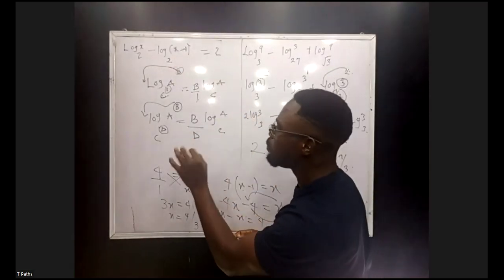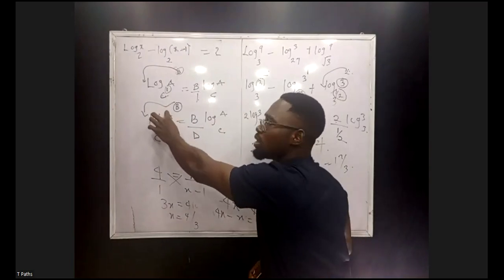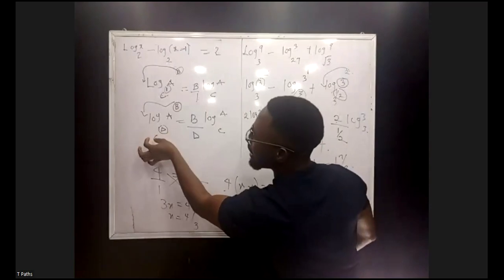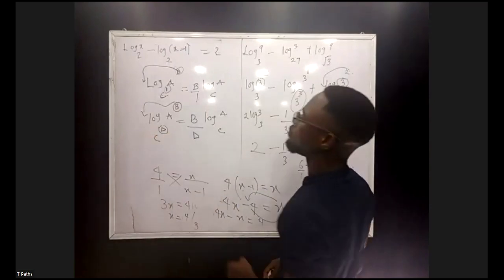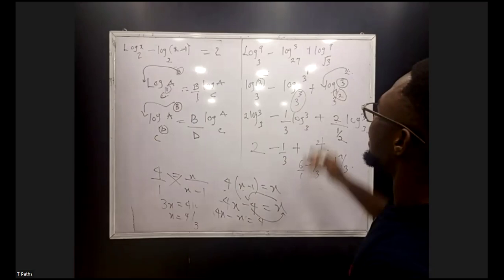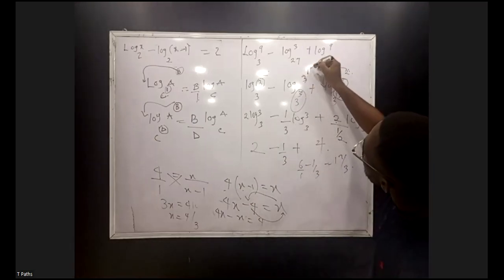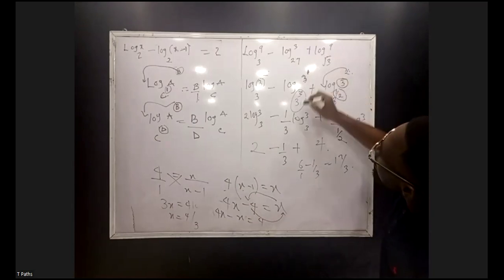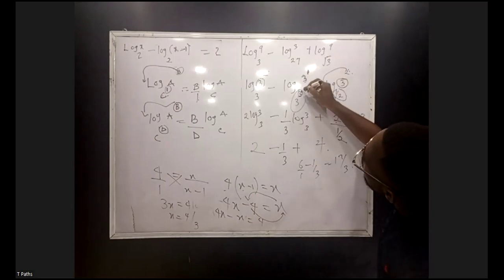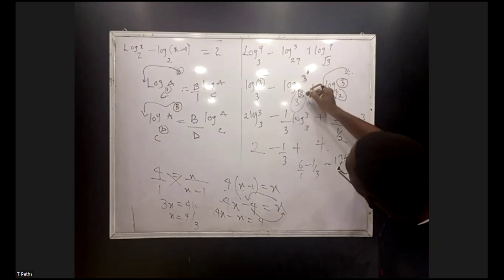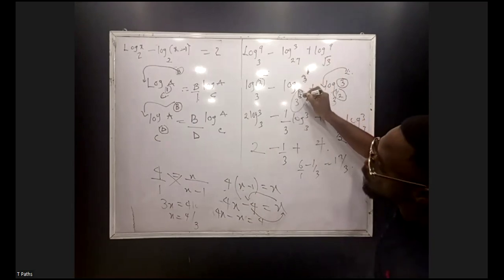So it's very simple. The logarithm of what you are evaluating, its own power, bring it here, divided by the power of the base, which is what I'm applying here. Look at it, log 3 to power 1. The base also has power 3. So this one will come first, 1 divided by this 3, the power of the base.